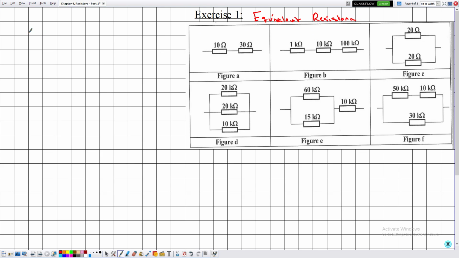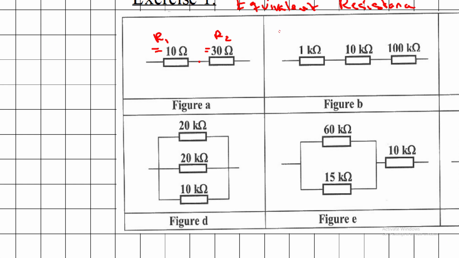Okay, so let's start by figure A. So suppose that this is R1 and this is R2. Now always whenever we are calculating equivalent resistance, first we need to mention whether these resistors are in series or in parallel. So notice that they have only one terminal in common, so this is in series.